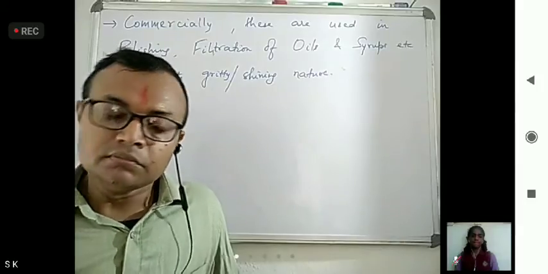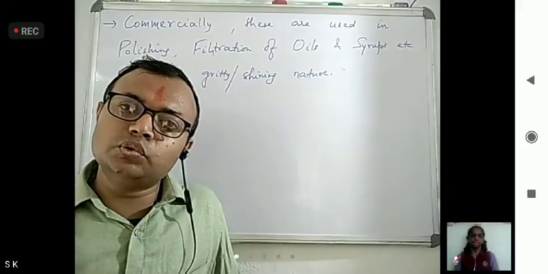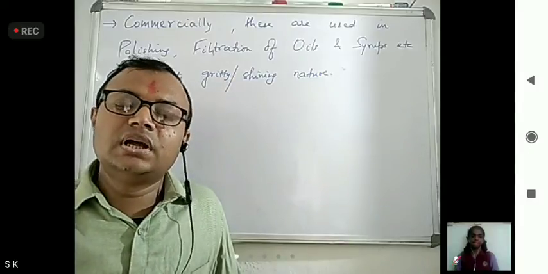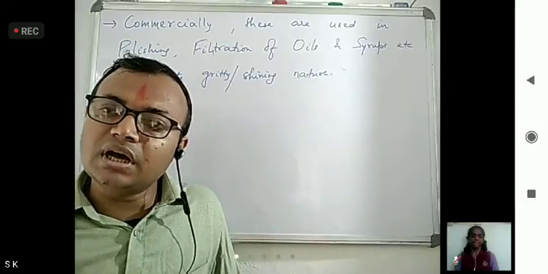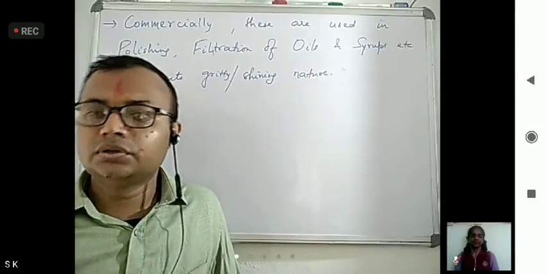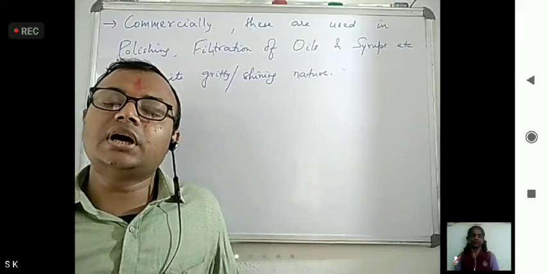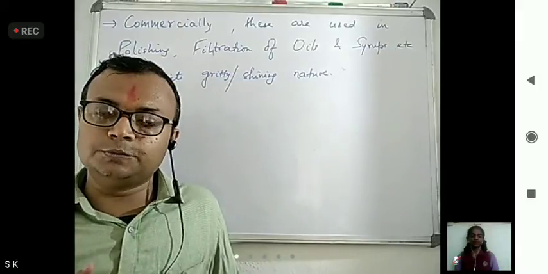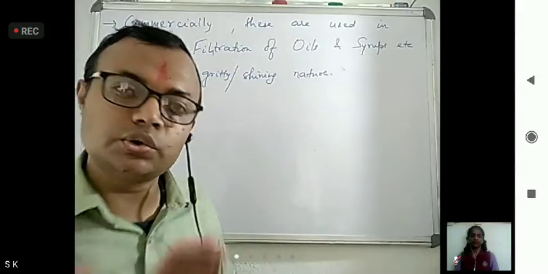Okay, now as we already discussed, most of the ocean's bottom contains what? Diatomaceous earth, and these are what? Photosynthetic in nature. So diatoms are known as chief producers in the oceans.